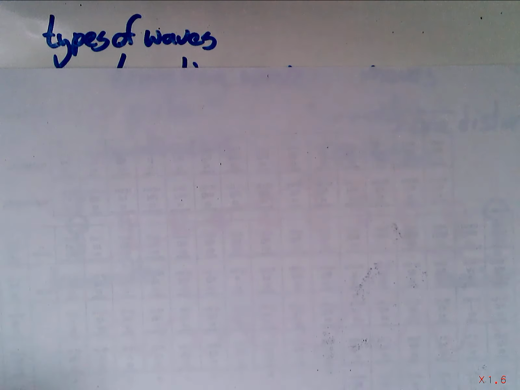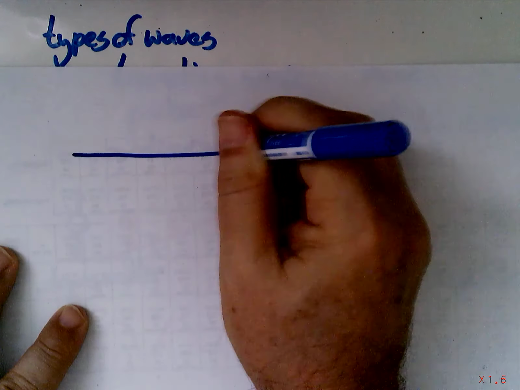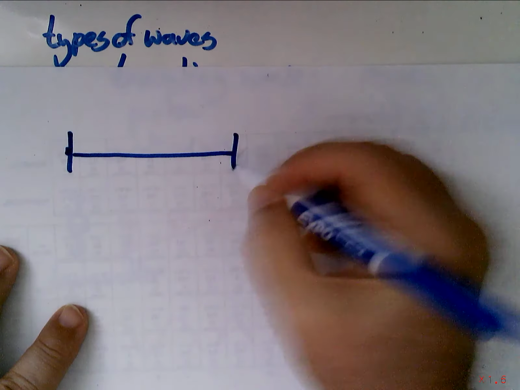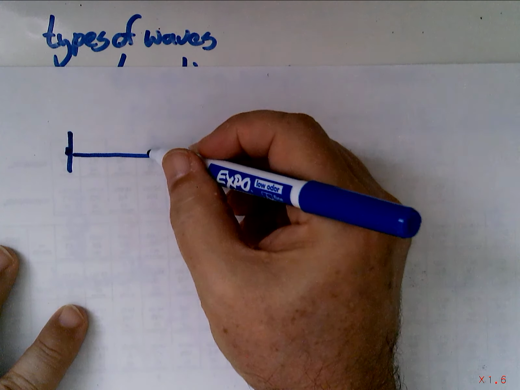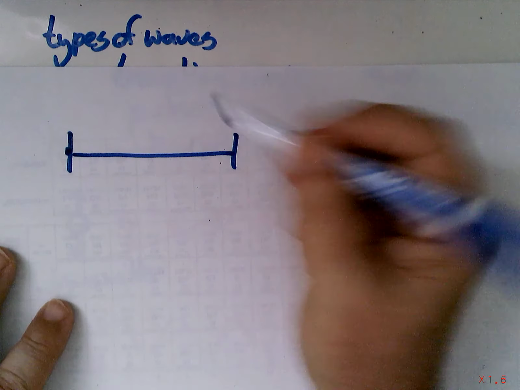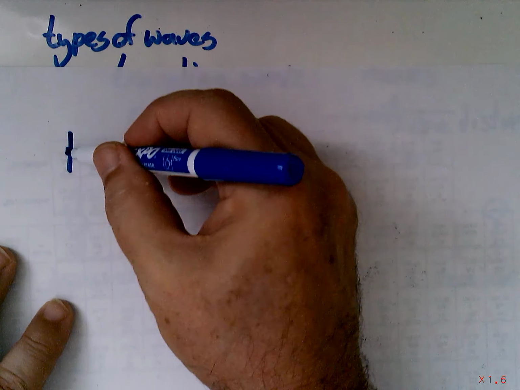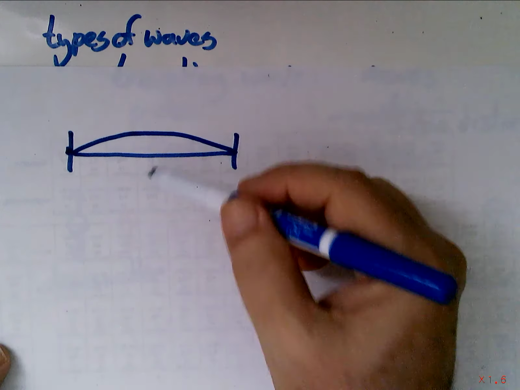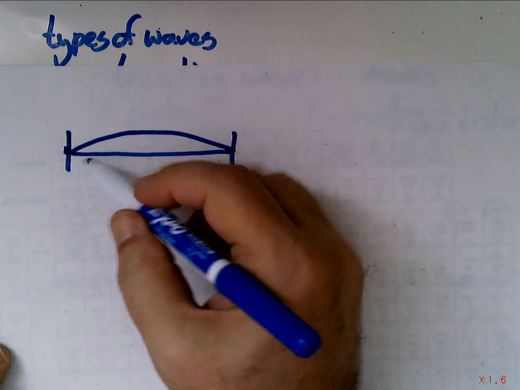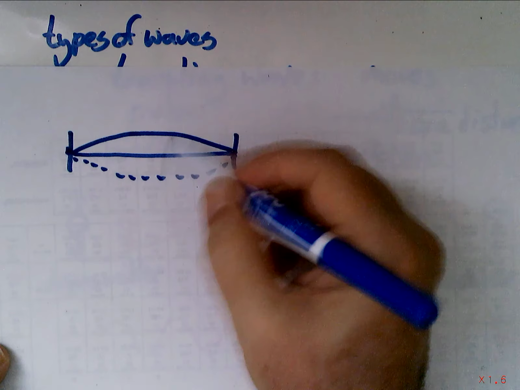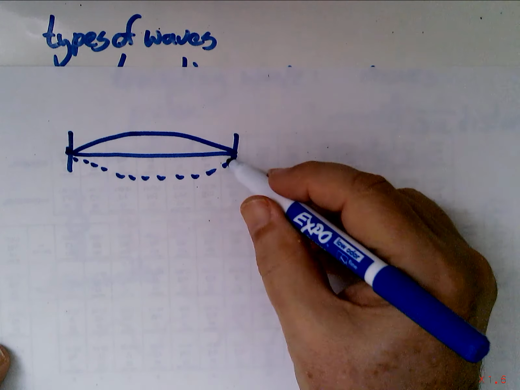Suppose you pluck a guitar string. So here's a guitar string. It's held down on either end here. And you grab it right there and you pull it up and then you let it go. So this would be kind of a pulse wave, right? One disturbance. But the thing is, the guitar string will move up, and then the next instant it'll be moving down, and it'll kind of twang back and forth between these two positions.